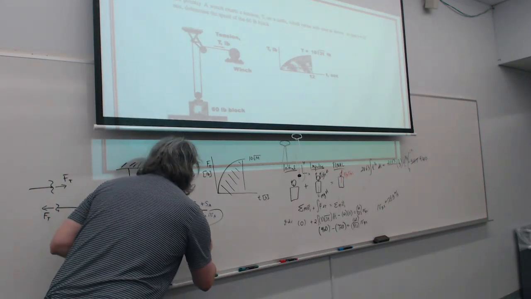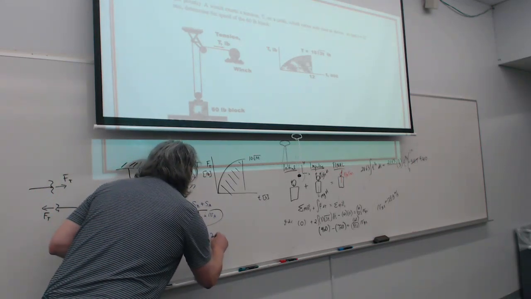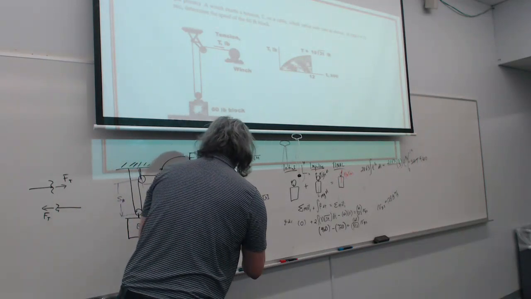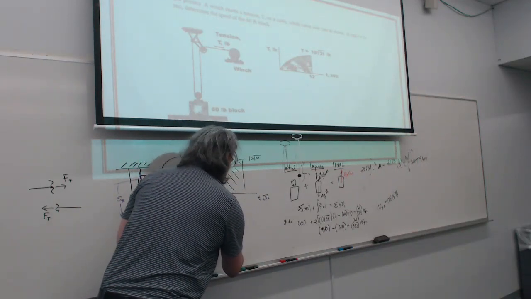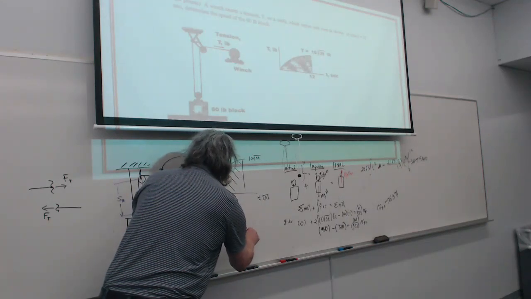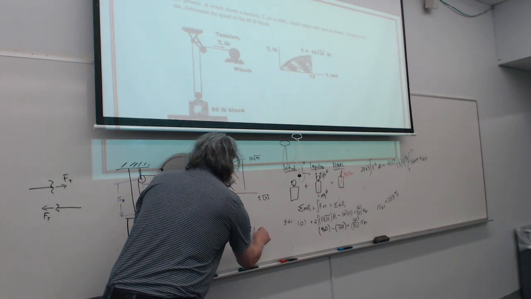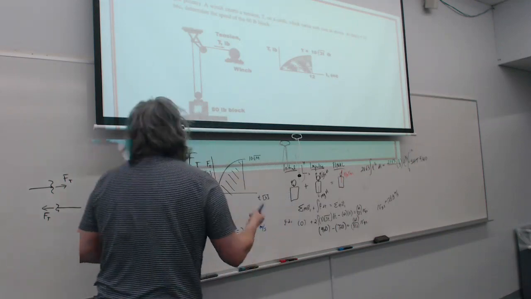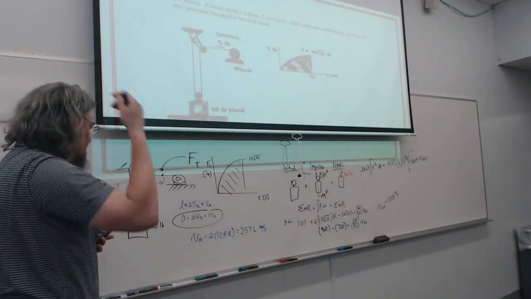So we're going to get VA is equal to 2 times 128.8, and get 257.6 meters per second. But now we need to find what the tension is at this time.